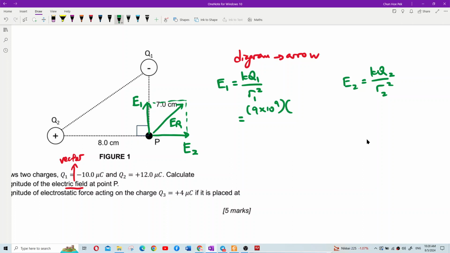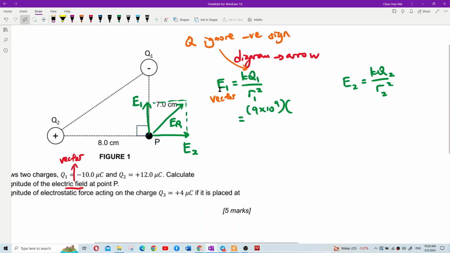Q1, as I said before, this is a vector. So if it is a vector, the charge, ignore the negative sign. If it is a scalar quantity like work done or potential, then the charge, you must consider the negative sign.